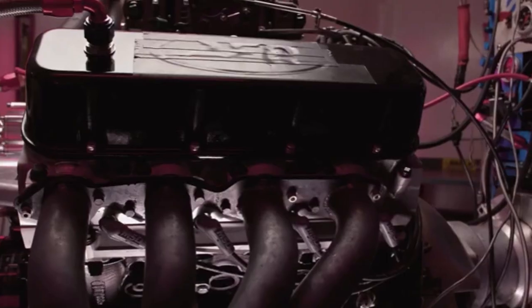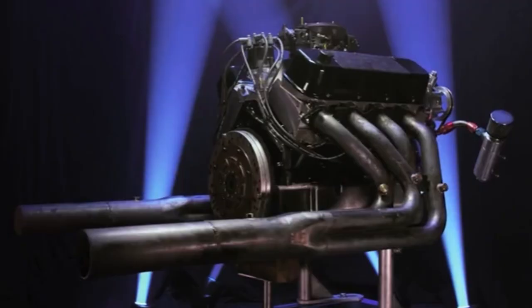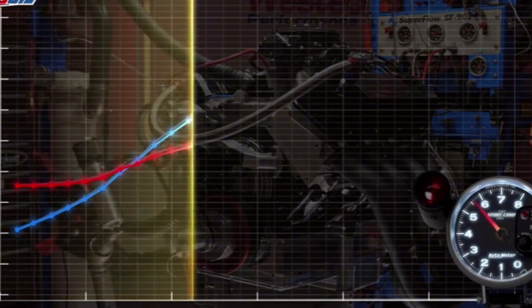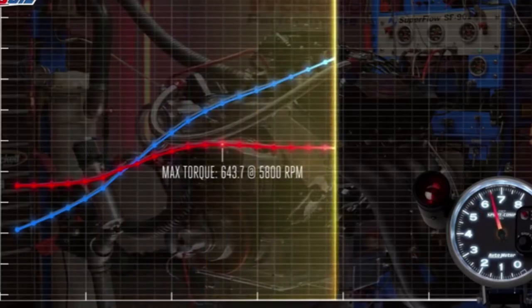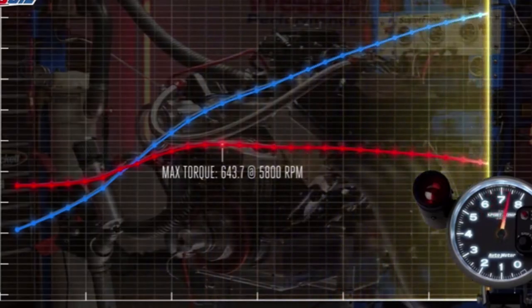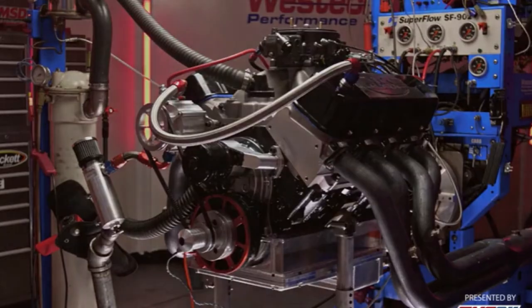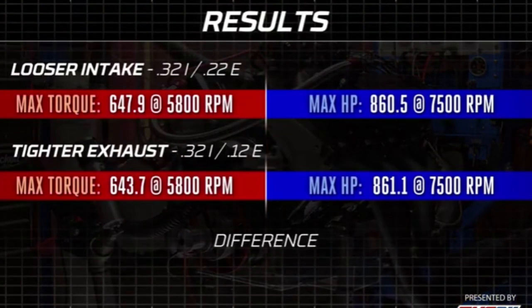Go. So on that pull, we made 861 horsepower and we lost a little bit of torque, 643.7.